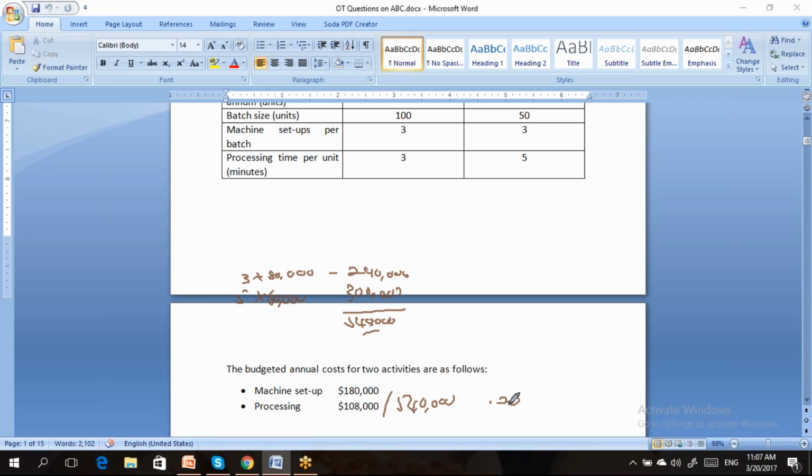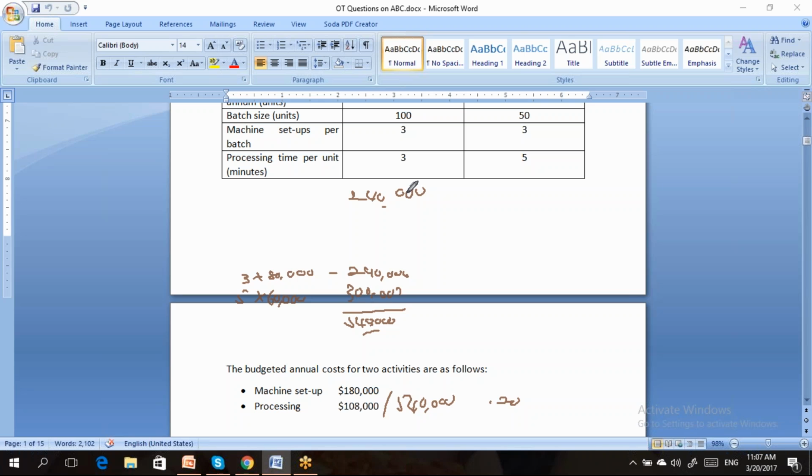Now we have to see for our product. The first product, we need 240,000 minutes. So per minute 20 cents. Now we have to multiply 240 by 20 cents to find out the total processing cost.